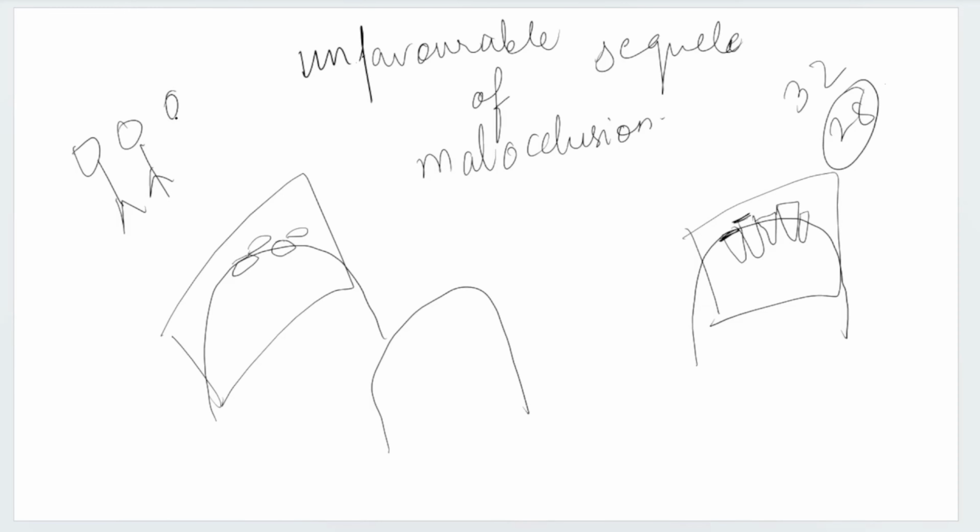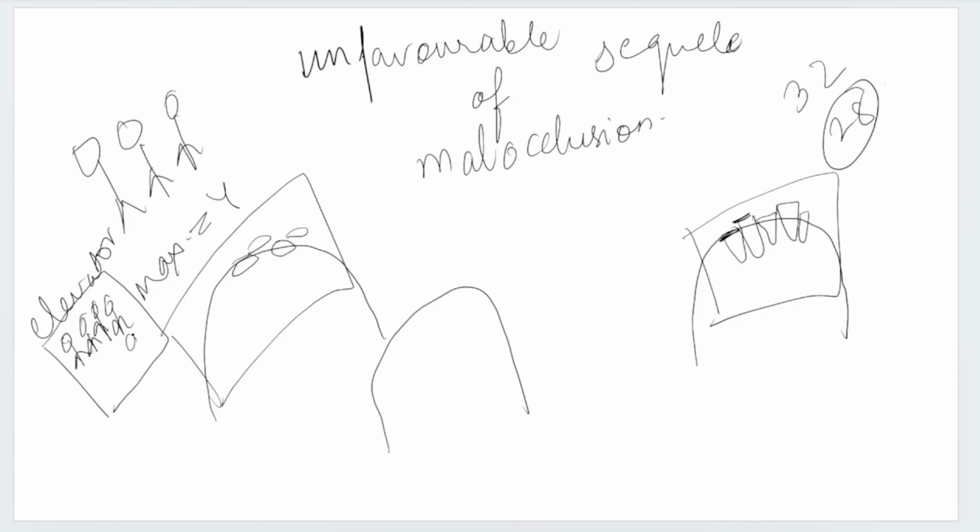When this is happening, what will you feel? Think there is an elevator with the maximum capacity of 4 people, but you are 6 people. What will you feel over there? Yeah, think. How will you feel?